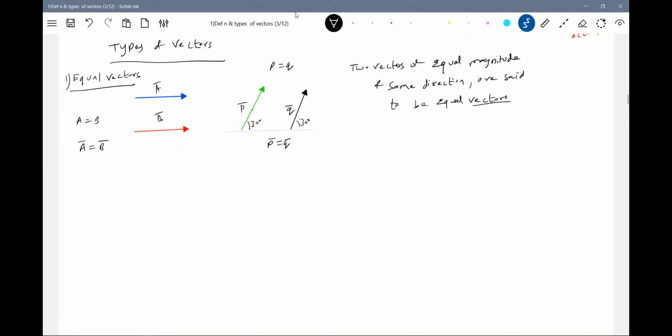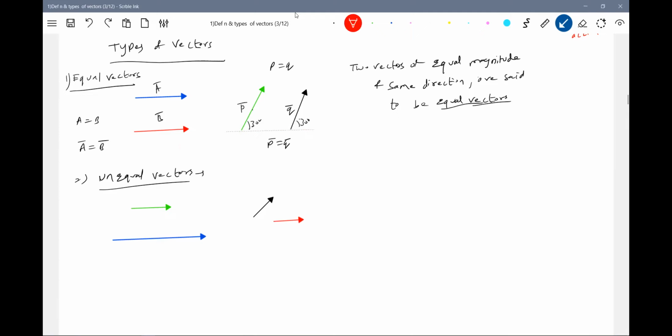Okay, fine. Next again, the unequal vectors. There's a vector A bar, and there's another vector B bar. Or there's a vector A bar and another vector of the same length but different direction. They have the same length.